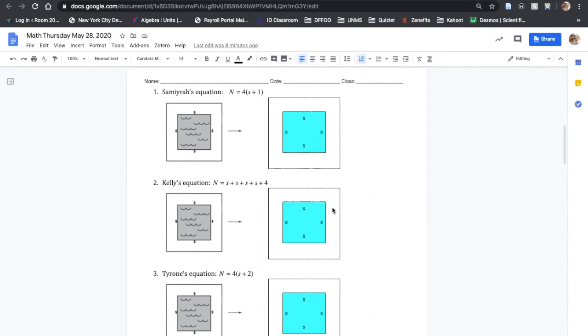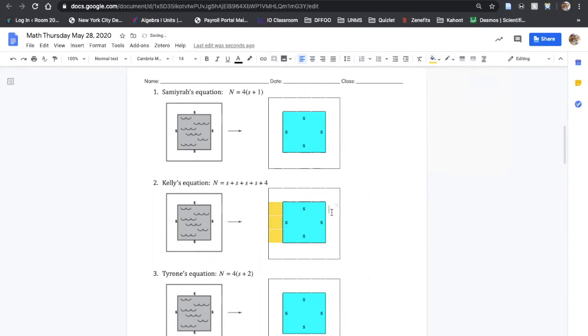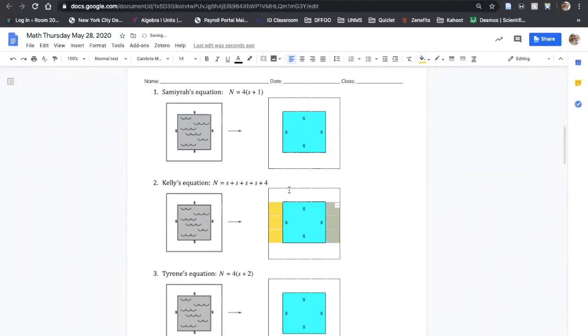So over here, s plus s plus s plus 4, we already know that's the one we saw on that first page. That's like saying this side length over here has a length of s. Same thing with this one here, this one here.